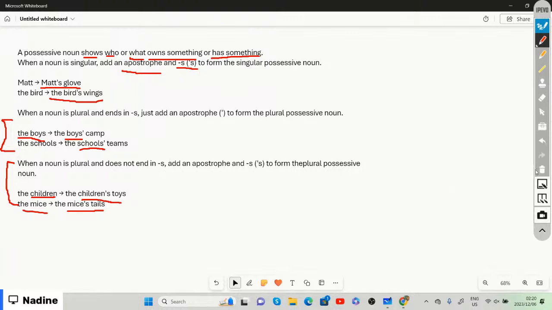All right. Remember, you need to know when to use either just the apostrophe or when to use apostrophe and s, right?